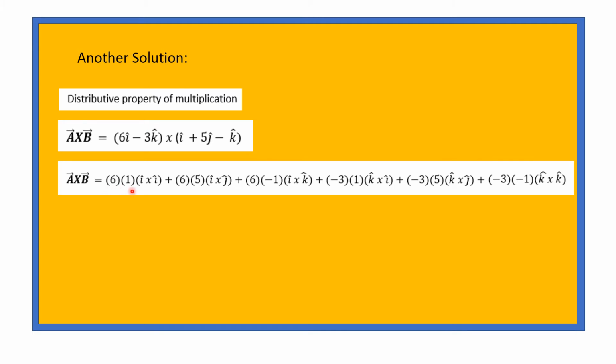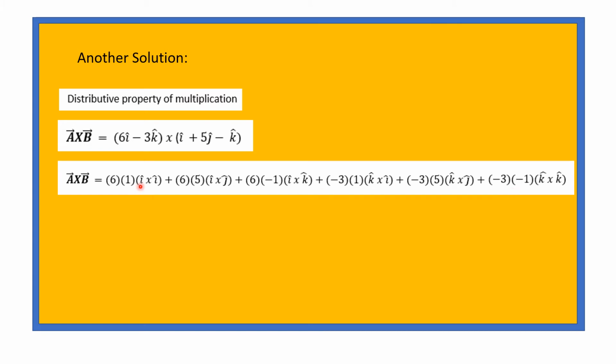So we have 6 times 1 is equal to 6. But what is i hat cross i hat? This is the cross product of the vector i hat by itself. Note that the vector product of a vector by itself is always equal to 0. You can show that by using the formula magnitude of A cross B equals AB sine theta.